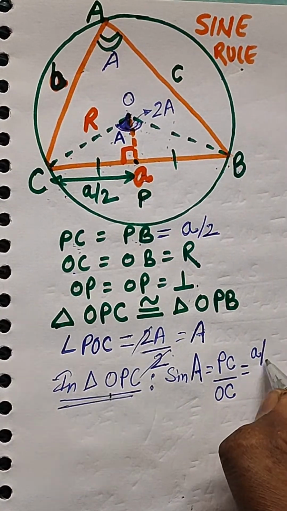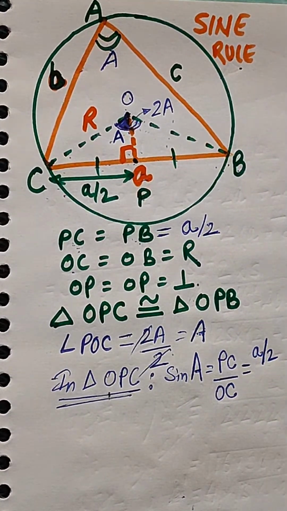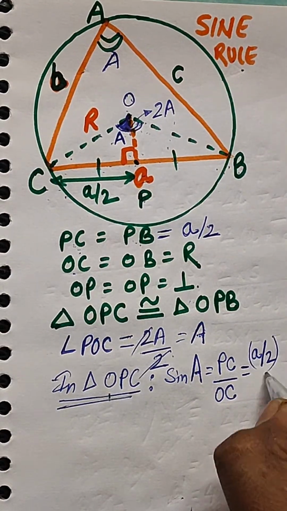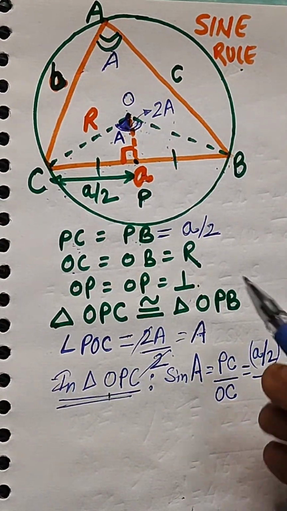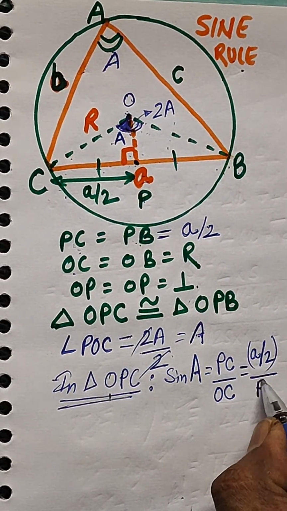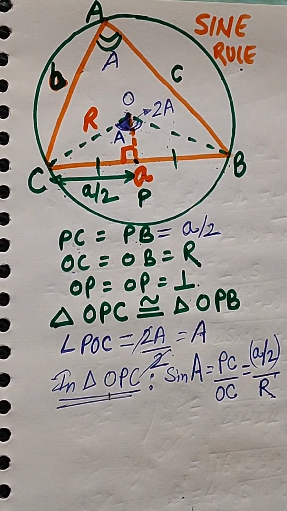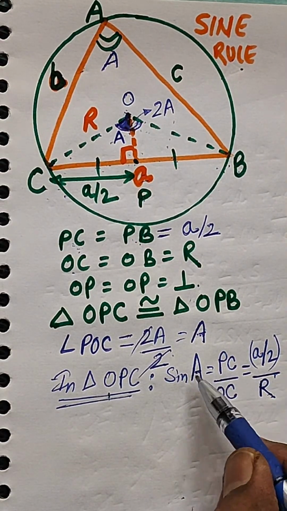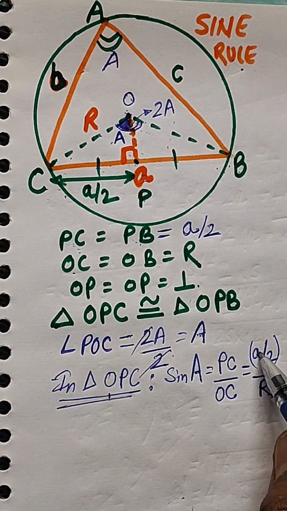So just write a by 2 into the numerator, and into the denominator OC. What is OC? OC is nothing but capital R. So my dear friends, from here we can write that sine A is equal to a by 2R.